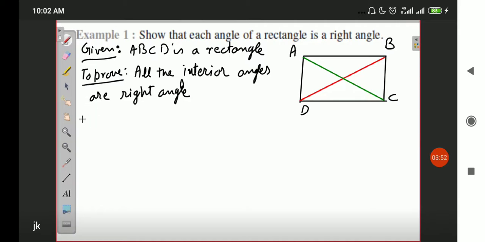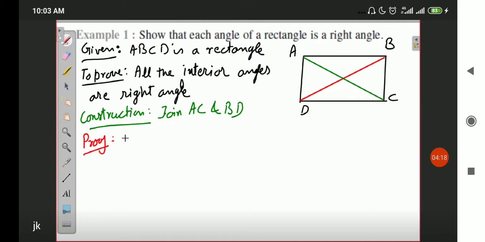And then construction: join AC and BD. Once again, most of the questions that we will be doing, we will be using the procedure of congruency.